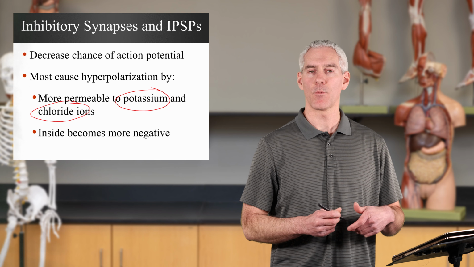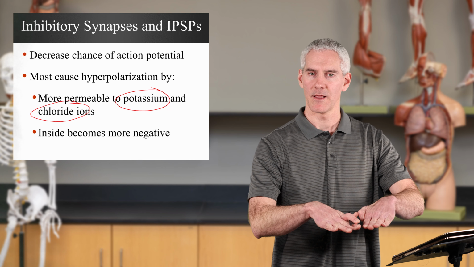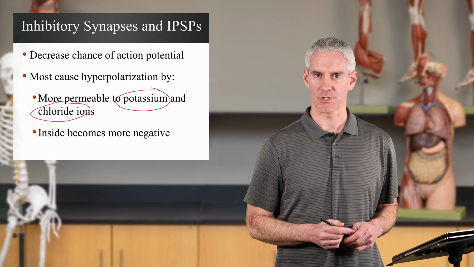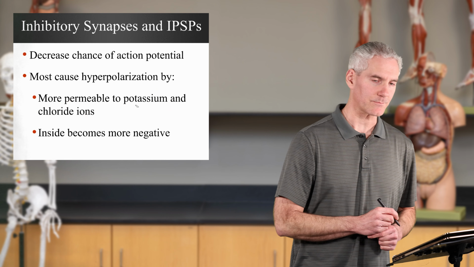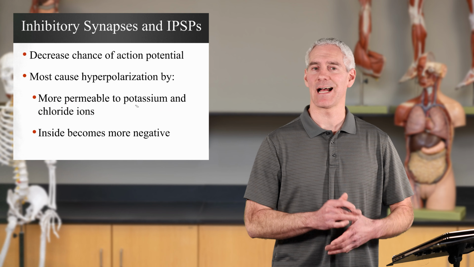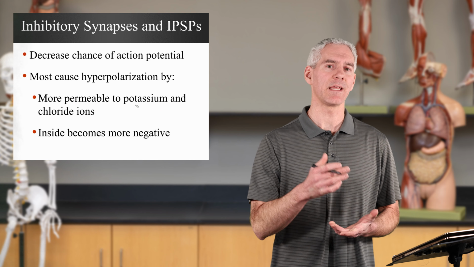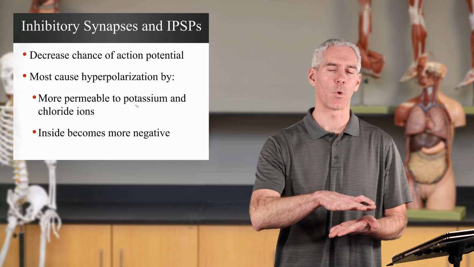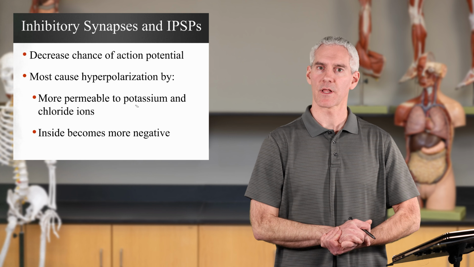So if you end up having more permeability to these two, it's lowering the actual membrane potential. So it's harder to reach threshold. Basically, the inside of the neuron, or the muscle for that matter, is going to be getting more negative, making it harder to get up towards threshold.